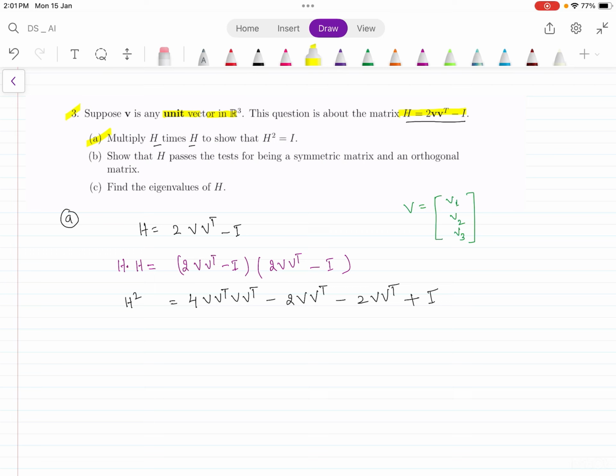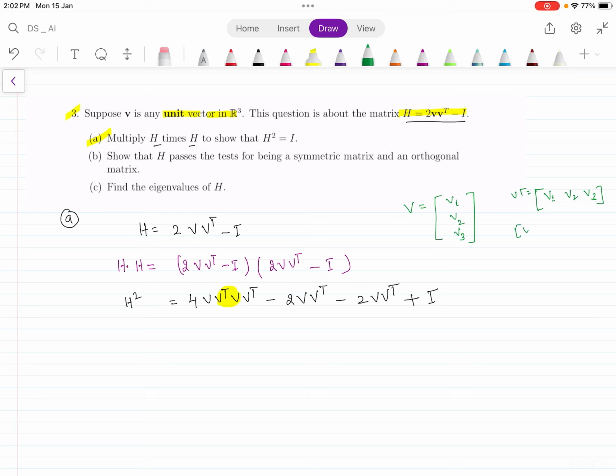Now look at this part. So this is v transpose v, right? So what is v transpose v? So v transpose will be v1 v2 and v3, and this is v, right?